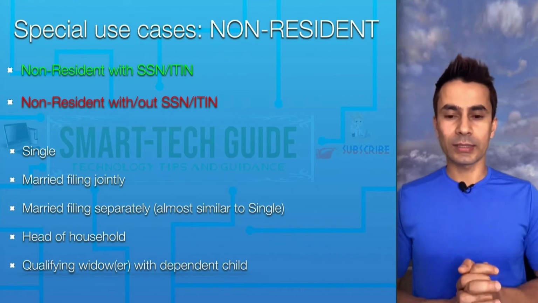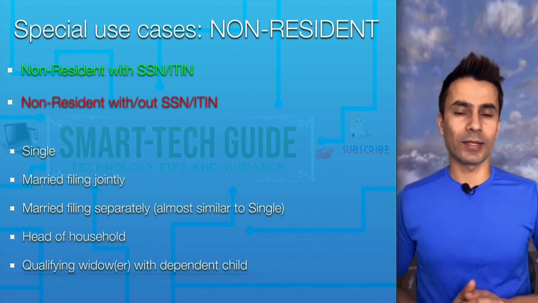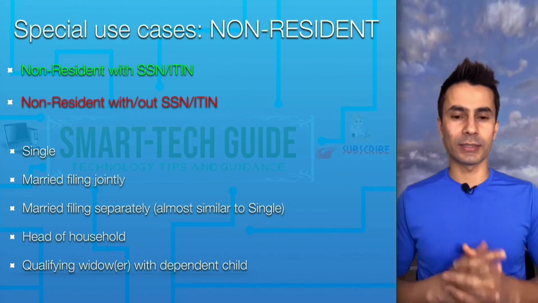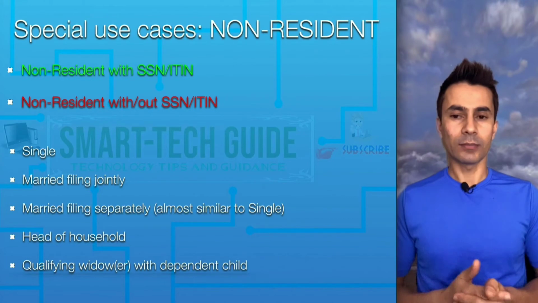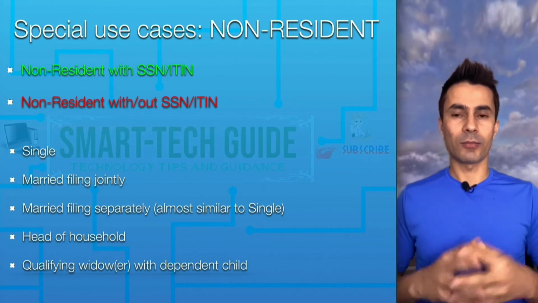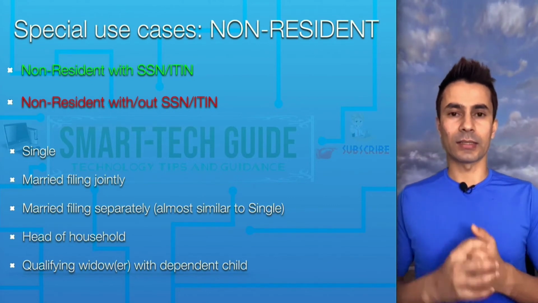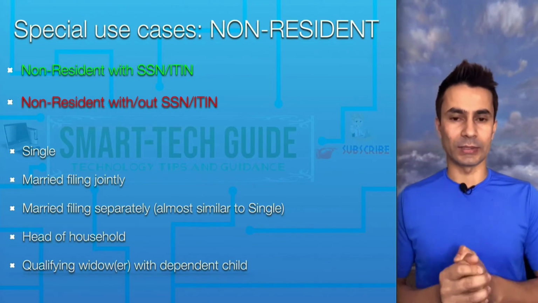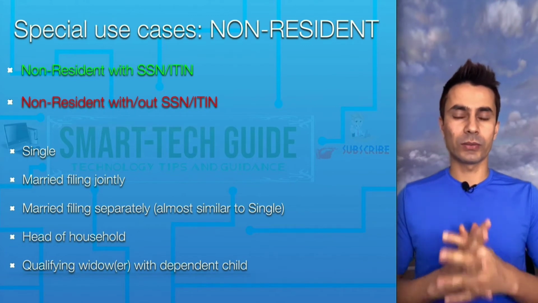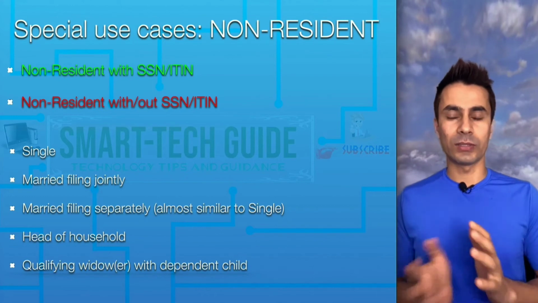special use cases. There might be a scenario where you have to file taxes even if you are a non-resident. What that means is you don't live in the United States, but somehow you are related to US income, and in that case you have to file US taxes. So how do you do that? Even in that, there are two different scenarios.